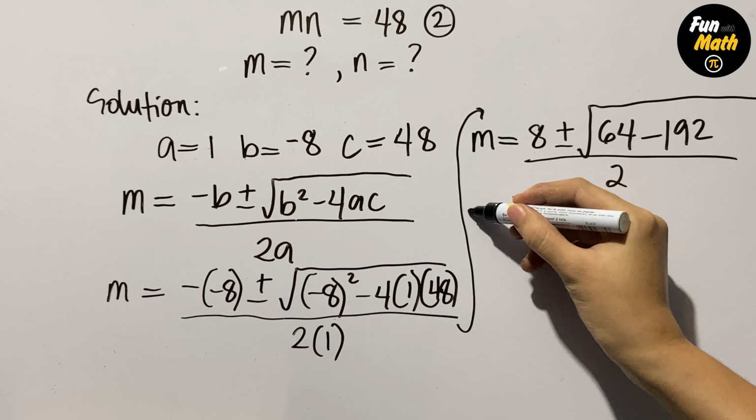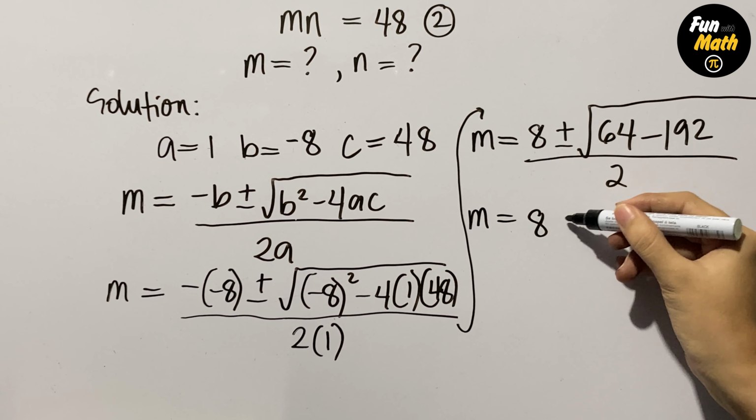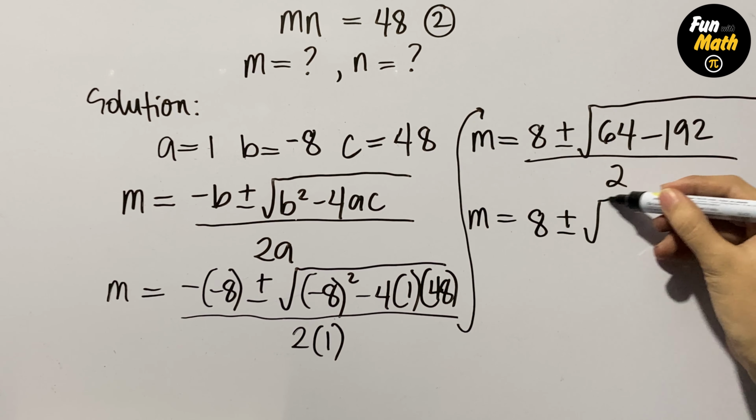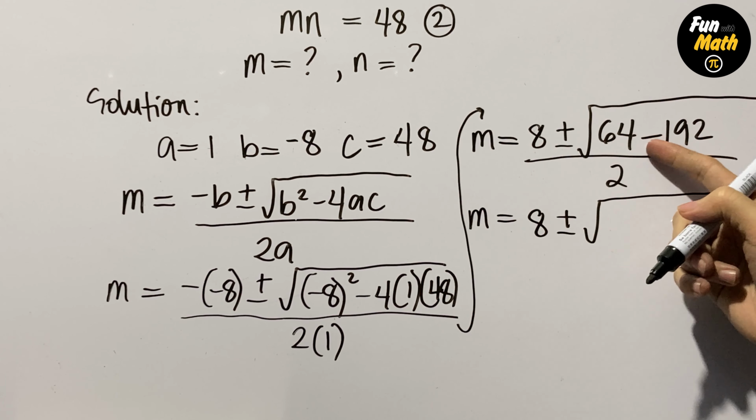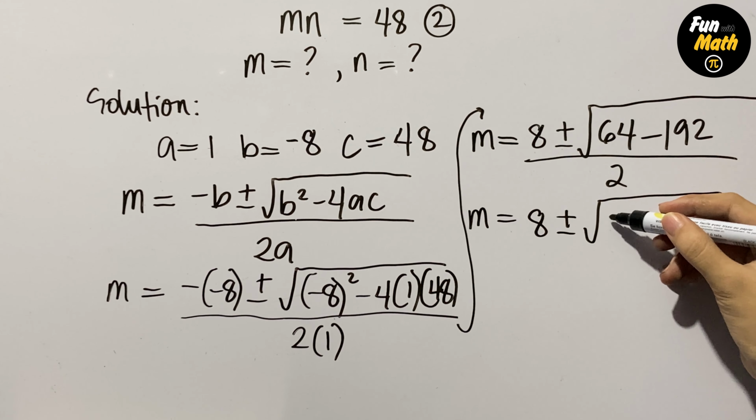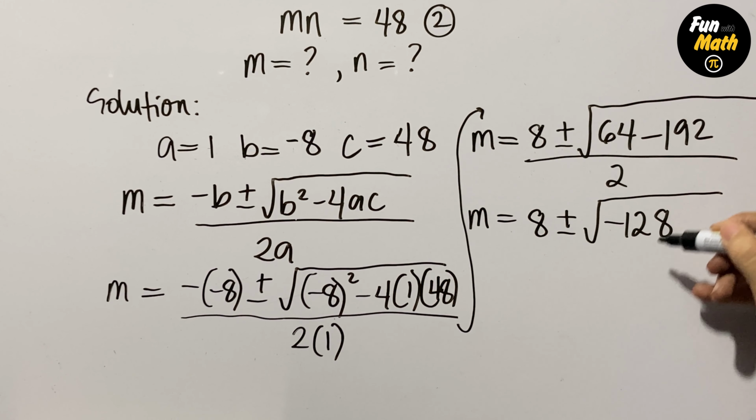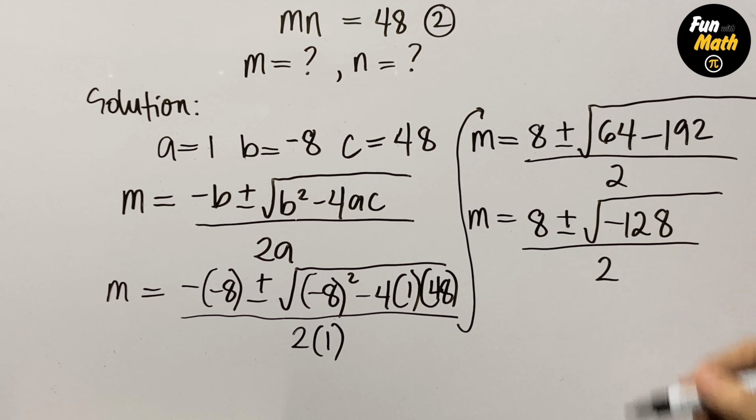The next, m is equal to 8 plus or minus the square root of 64 minus 192, that is negative 128, all over 2.